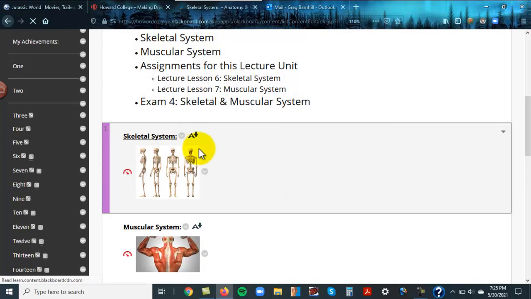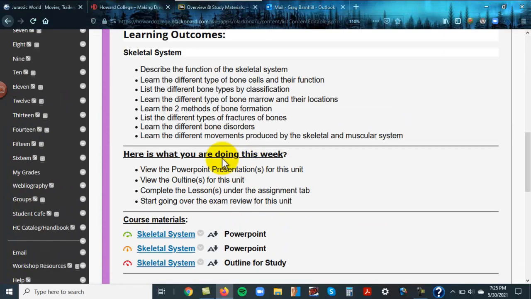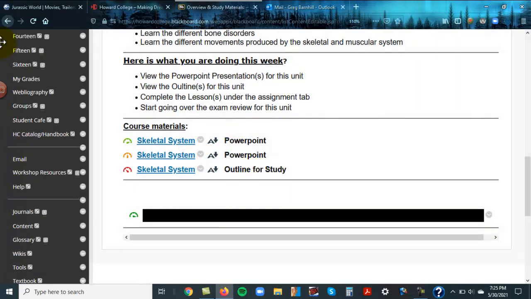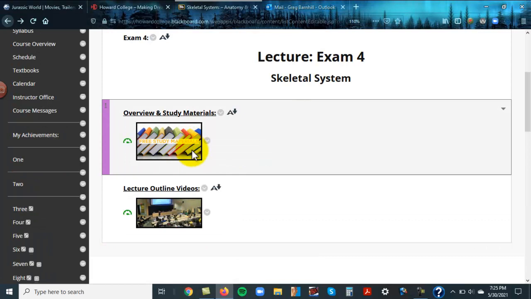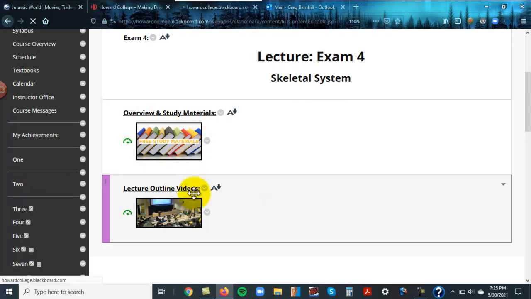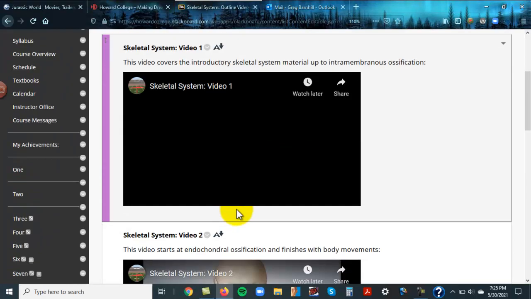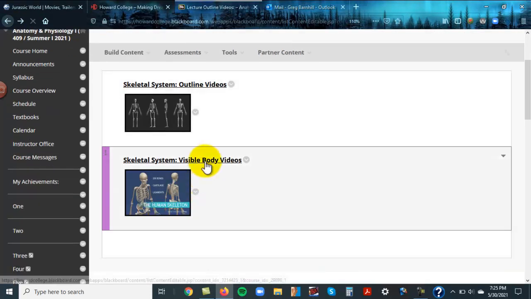So here's the skeletal system. Same as always, there's 2 PowerPoints. There's an outline. Once again, the outlines are for you to study, go over them. These are outline videos here. And then if you want, these are some Visible Body videos.